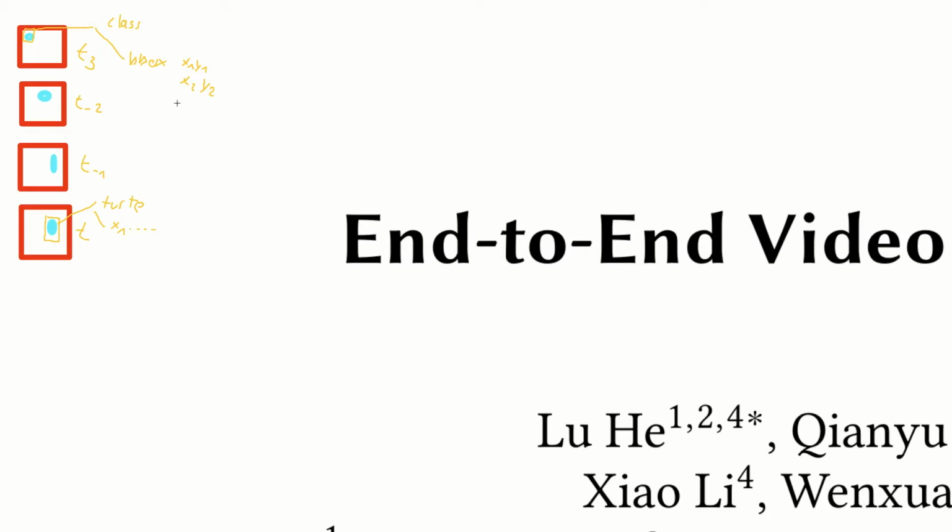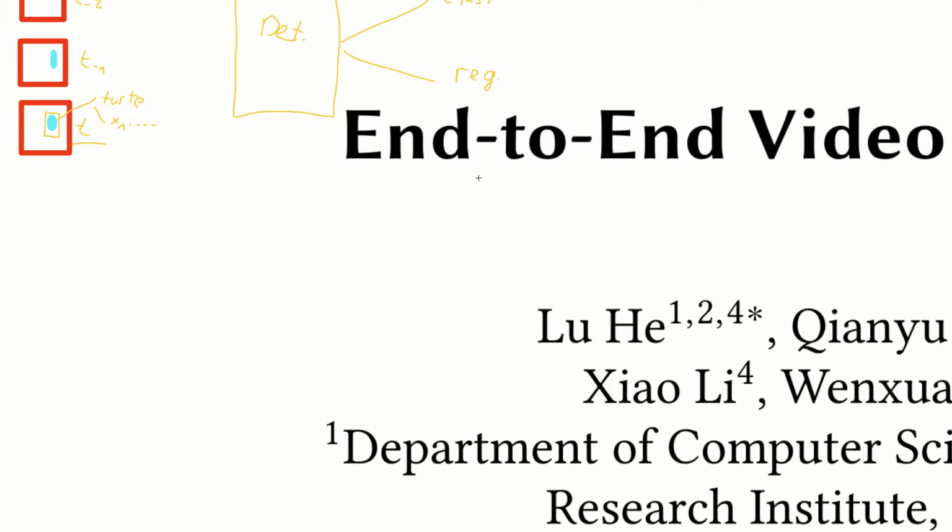They put all these frames together into one detector and regress the object class for that time step t and also the regression part, so x1, y1, and so on.